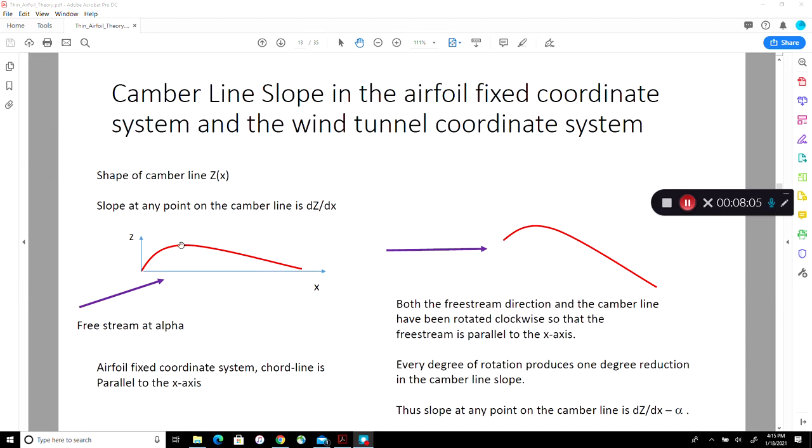So clockwise rotation will reduce the slope, or make the slope, which is already negative, even more negative. So we take the original slope in the chord line based coordinate system, which is dz dx, where z is the camber line shape. Then after you find the slope, you subtract from it alpha, where alpha is in radians. This is the new slope at any point on this red camber line.